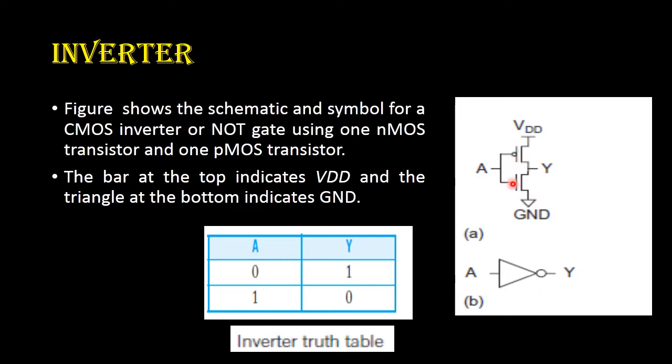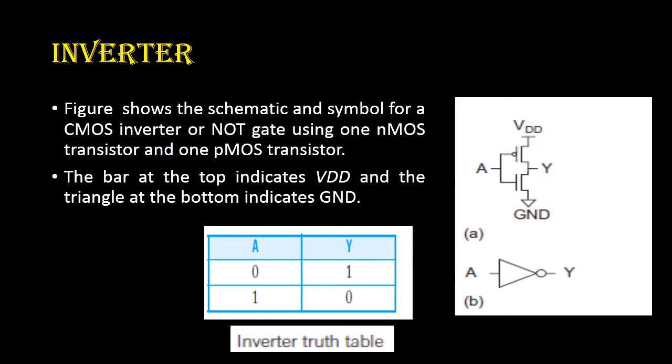So here, let us see the operation. When we give the A input as 0, the PMOS transistor is switched on and the NMOS transistor is switched off. So now there is a conducting path from VDD to Y. Therefore, Y value is equal to 1. So this is the first case. If we give 0 as the input, you will be getting 1 as the output.